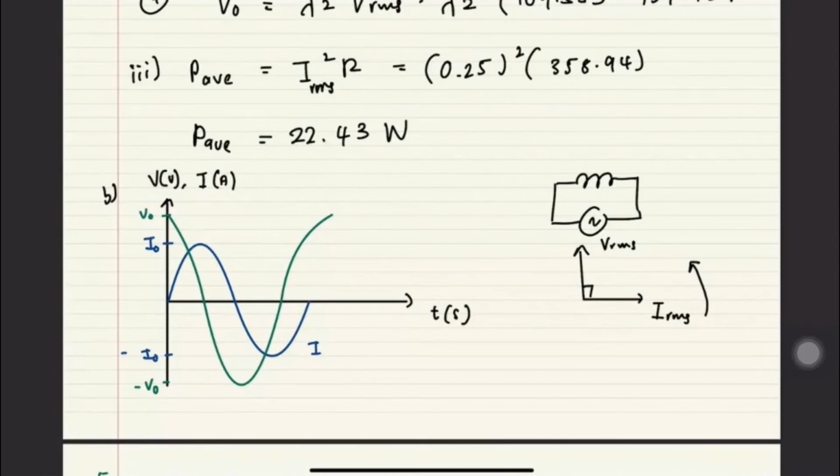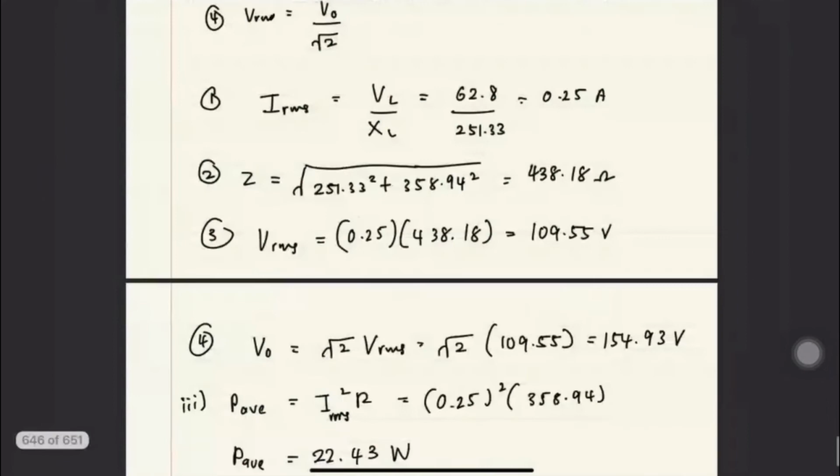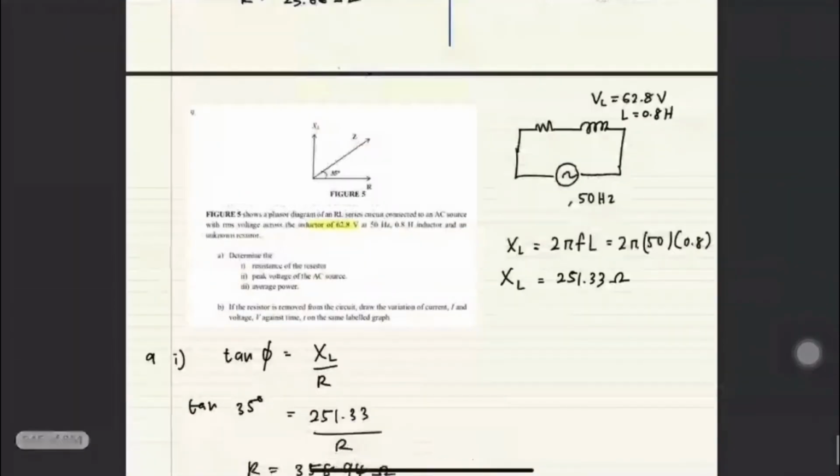Okay, so even if the question didn't ask you to draw the phasor diagram, if you draw that, it will help. Kalau tak, susah, kamu tak nampak pun dia dekat mana nak pergi dulu, kenapa di depan, kenapa di belakang, you cannot see. So this is the only way to see it lah. Again, label yang this one as your V. So that one is for question 4. So habis lah question 4.